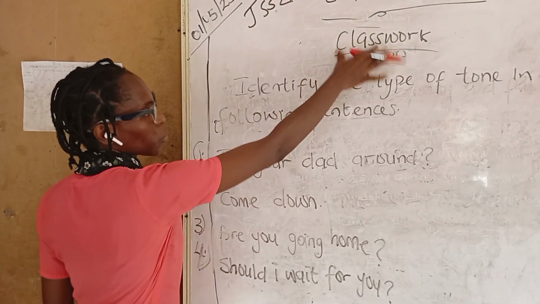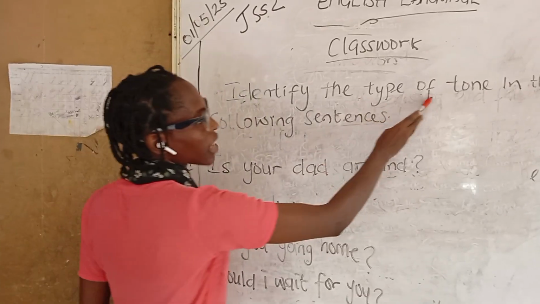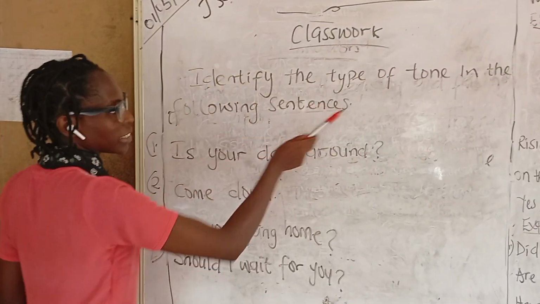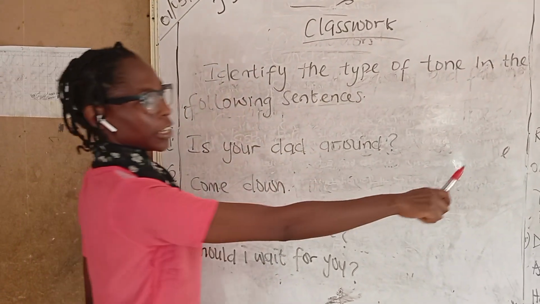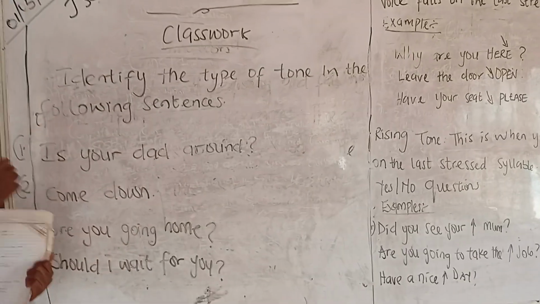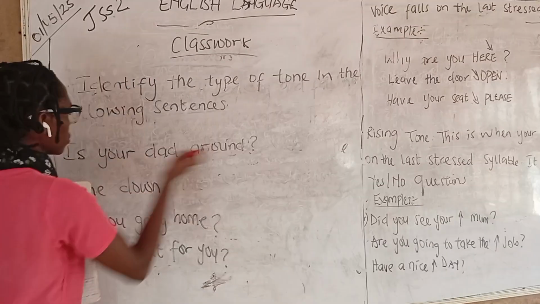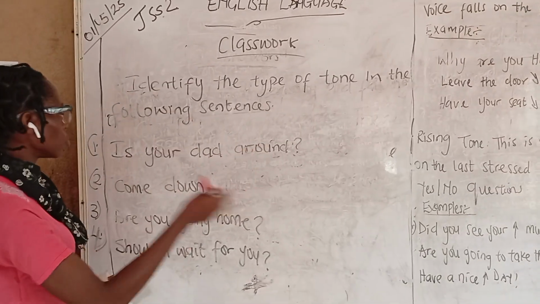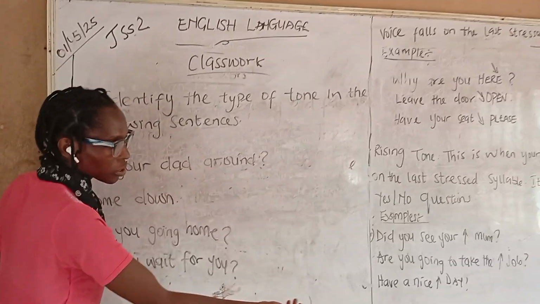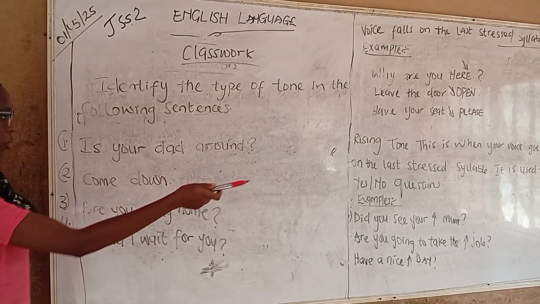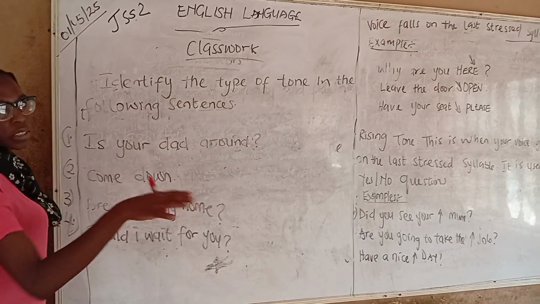Okay, so you have your classwork here. Identify the type of tone in the following sentences. Just like we did here, you are going to identify whether it is a rising tone or a falling tone. So, "Is your dad around?" Remember what we did the previous one. Then we also have, "Calm down."